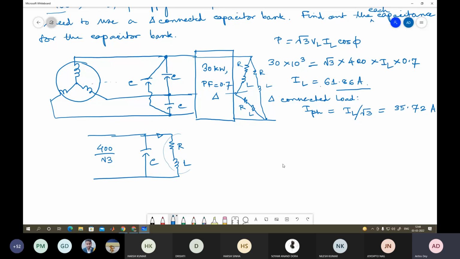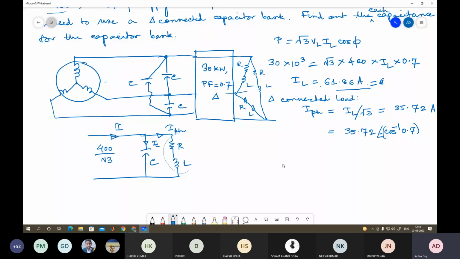If you want to write it in the form of angle, this is IL, this will be 35.72 angle minus cos inverse 0.7, and that should be minus, right? Because this is lagging. So you can now draw your phasor diagram. This is your IL, and this is your I phase, and this is your IC, and this is your I, or like that only. This is how you are improving it.